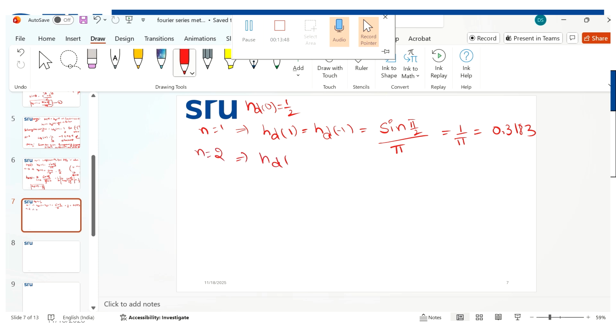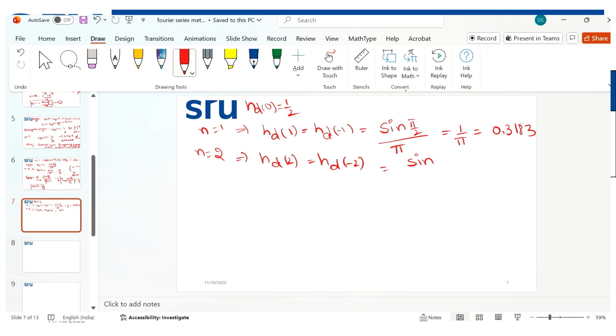Again substitute n equal to 2. Then hd of 2 is equal to hd of minus 2, that is sin(2 pi by 2) divided by 2 pi. So sin(pi) is 0, and 0 by 2 pi is equal to 0. Now the next coefficient, n equal to 3. For n equal to 3, hd of 3 is equal to hd of minus 3.